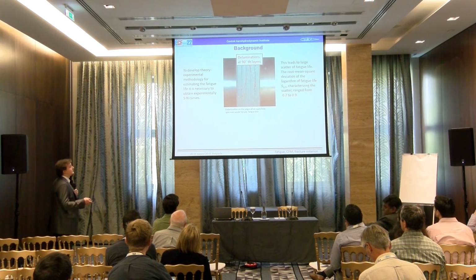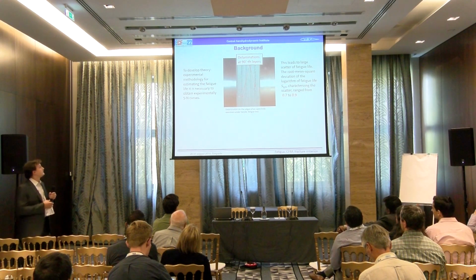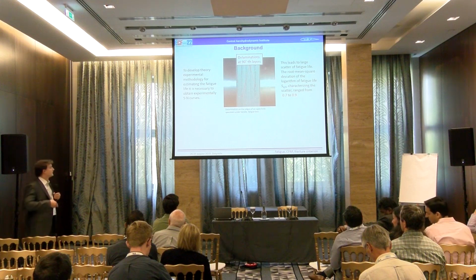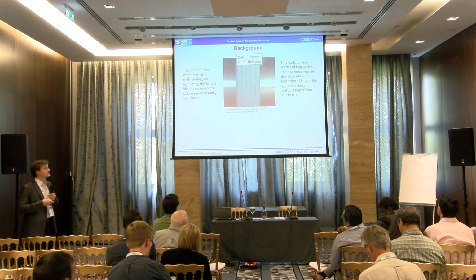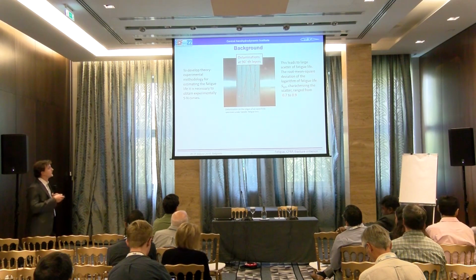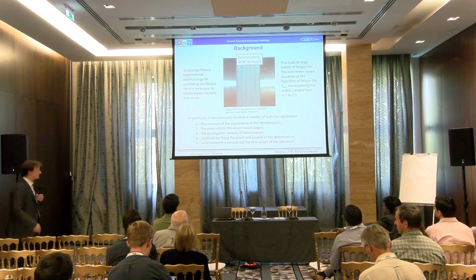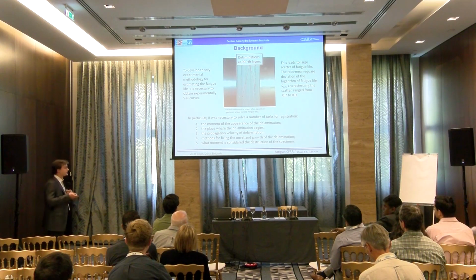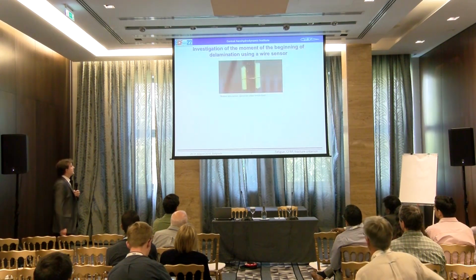That's why the task of development of new fracture criteria arose, and these criteria must make it possible to reduce this scatter. In particular, it was necessary to solve a number of tasks for registration. But the most important is what moment is considered as destruction of the specimen.